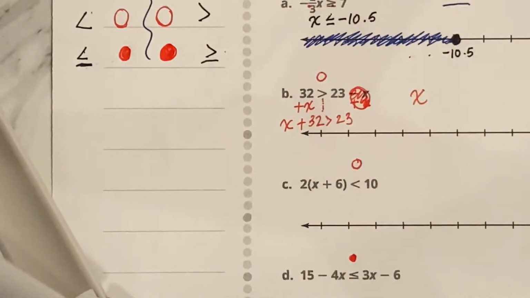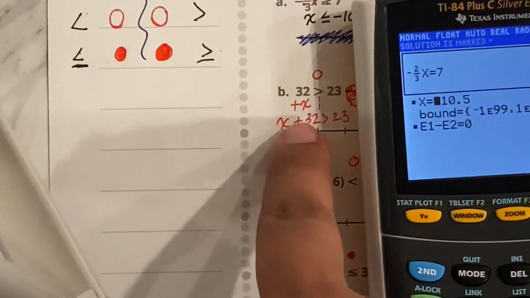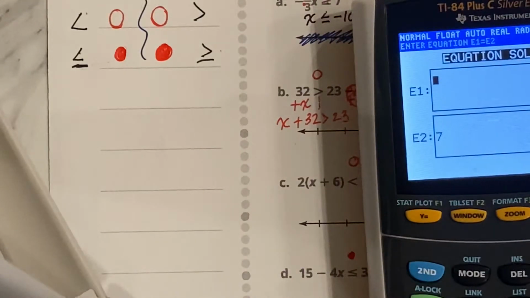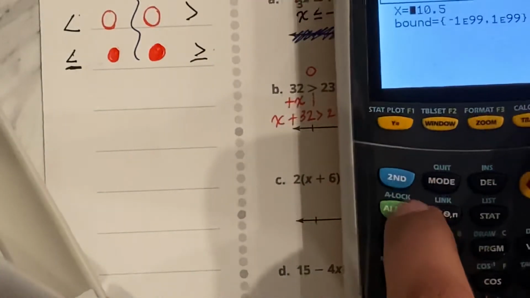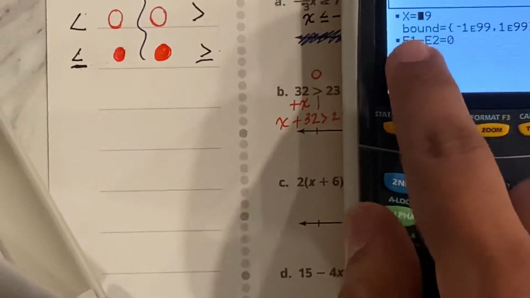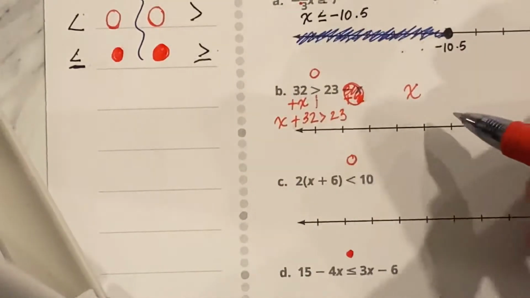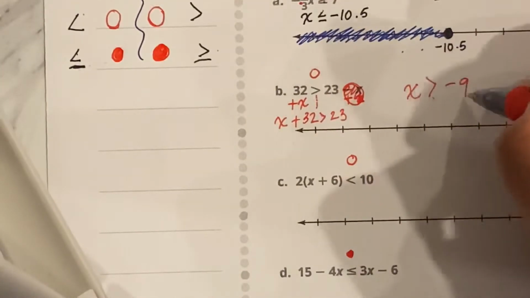Just write the x just for starters. Come over here, looking right here at this bottom equation. x plus 32, going downstairs, 23, alpha, enter, x is negative 9. Rewrite it, x is greater than negative 9.